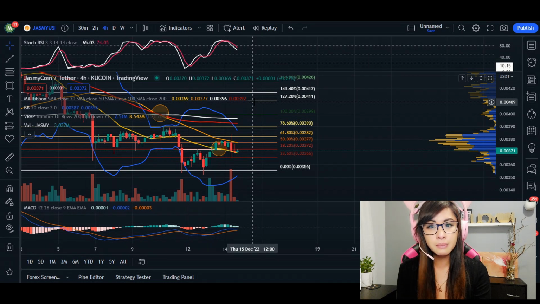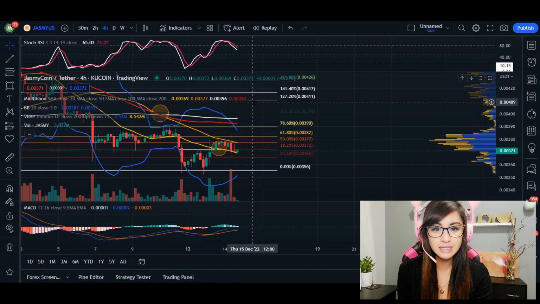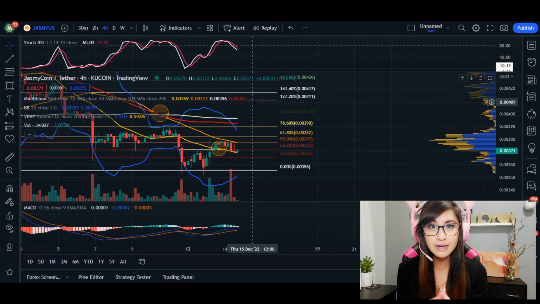But let's head over to our 2-hour time frame for a sneak peek on this, because we do see a few indications here of rejections of our 50 and our 20 moving average, essentially in a breakout for Jasmy that's happening in the next couple of hours. So in the 2-hour time frame, we can see that the Bollinger Bands are squeezing in, narrowing, sensing that there is going to be a breakout, either an uptrend or a downtrend.